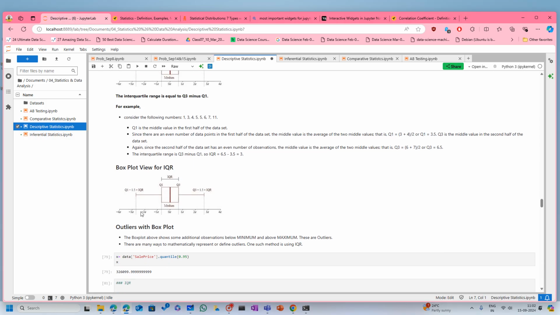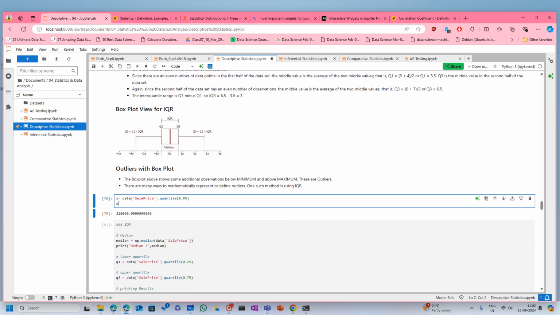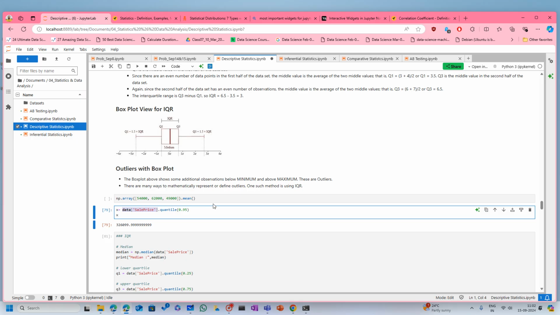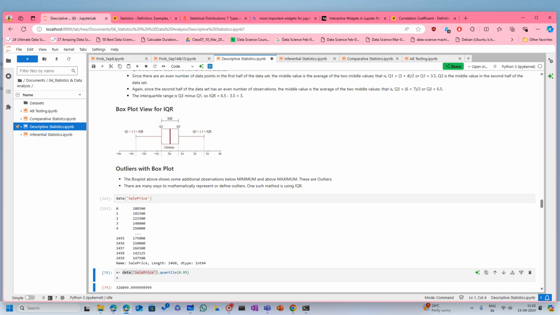For example, if you take this sales data that you have, the sale price is this.